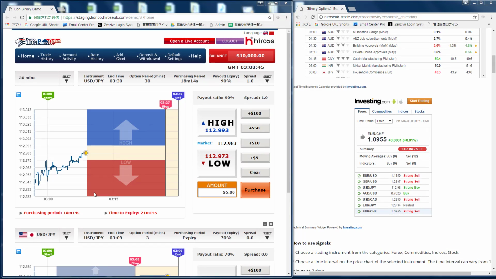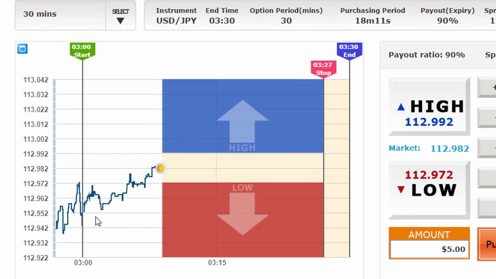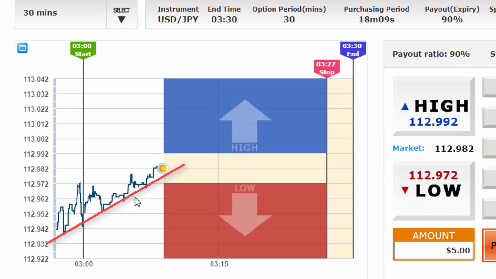Alright, now we are looking at US dollar and Japanese yen. It's actually forming an uptrend here, because if I connect all the bottom points here, I can see a trend line that is going up. So these 1, 2, 3 points here, and if I draw a line across them, then the line is going to face up.